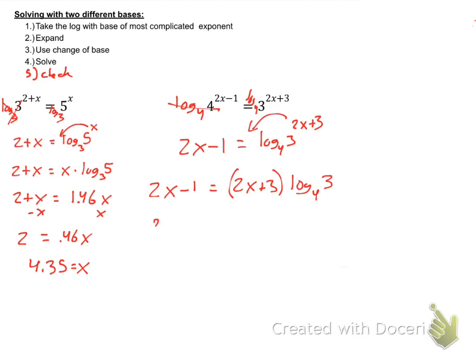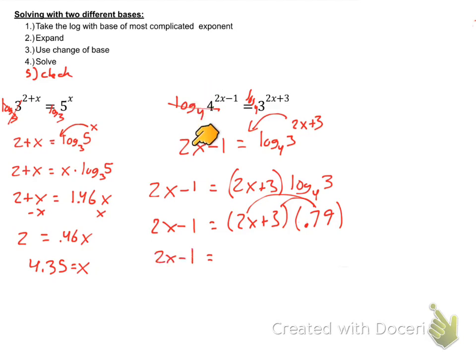So now I get 2x minus 1 equals (2x plus 3) times 0.79. We'll use parentheses here. And this again is more of an advanced Algebra 1 type problem: 0.79 is on the outside of a parentheses, so you need to distribute it in. Notice how nice this side was?